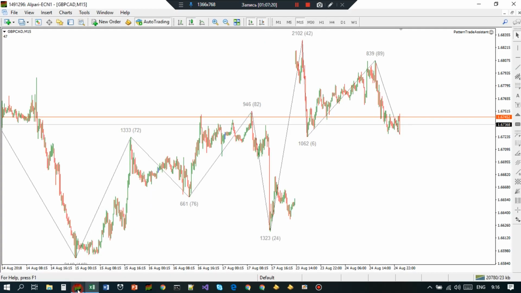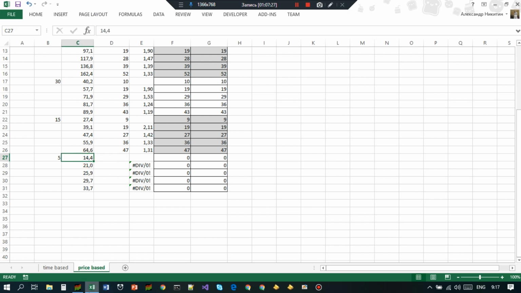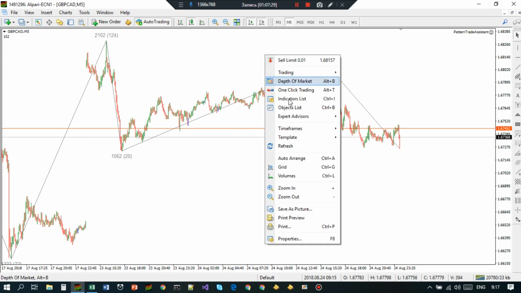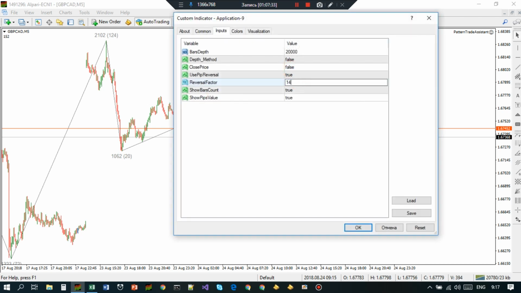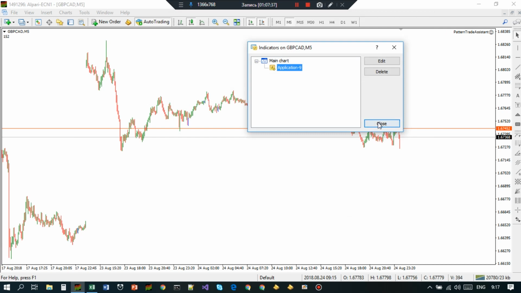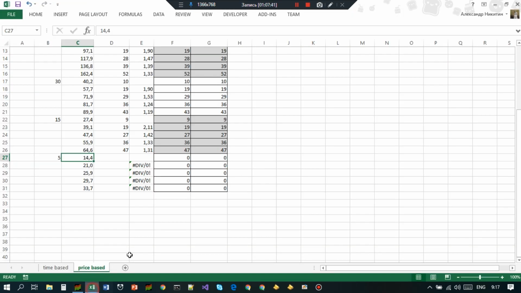Okay, then let's switch to 5-minute time frame, and the first reversal is 14.4. The first factor is 14.4. And we'll have 9. It is obvious that we will have 9. Pretty predictable.